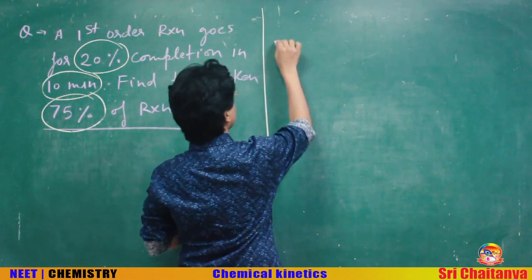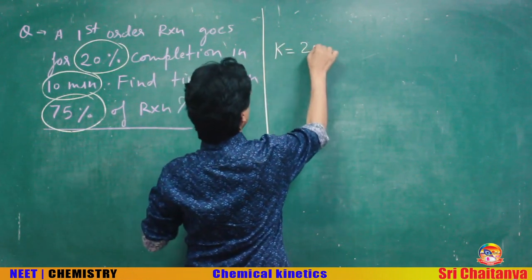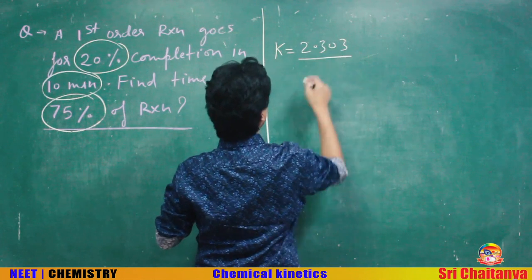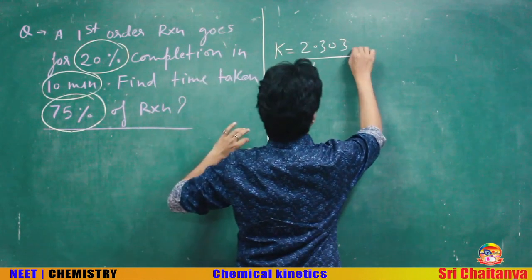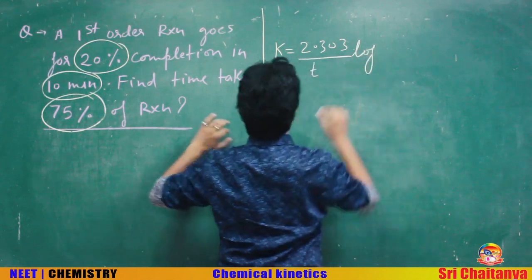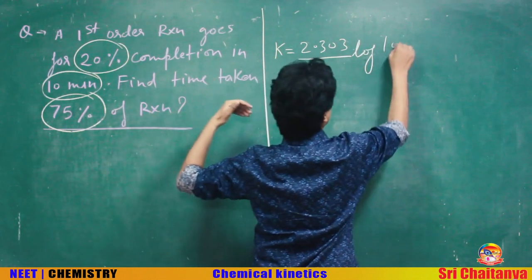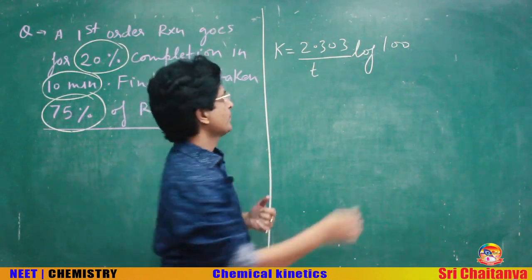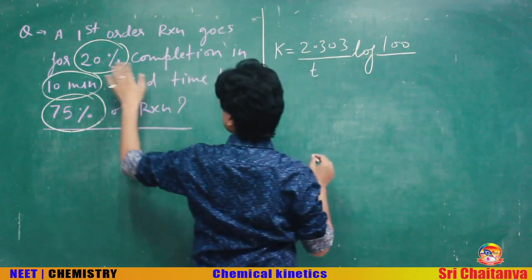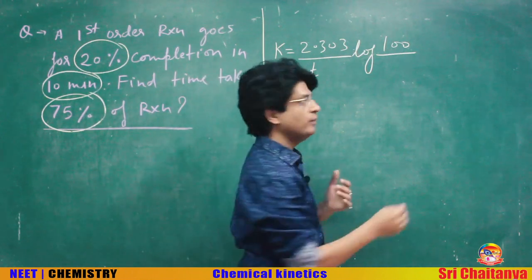So I know that K will be 2.303 upon the time taken for 20% and log of initial amount, let it be say 100. So whenever they give you percentage, begin with 100, and once it is 20% complete, the remaining amount will be how much?